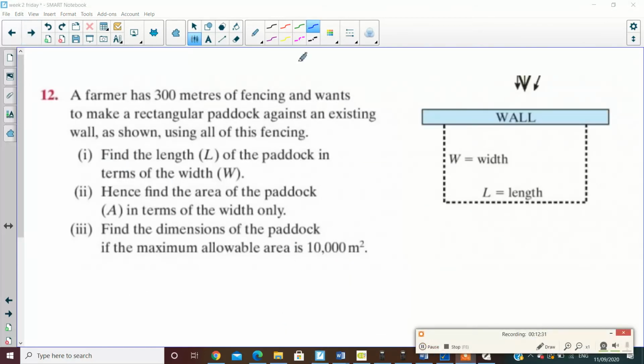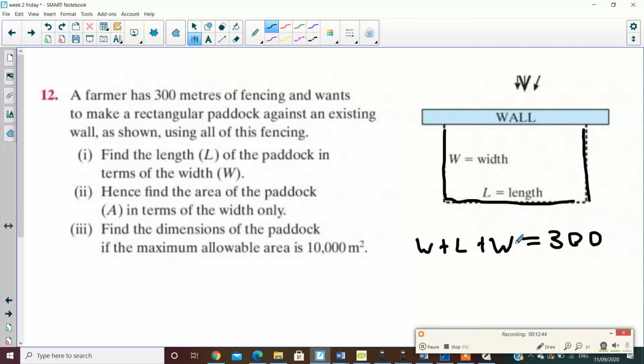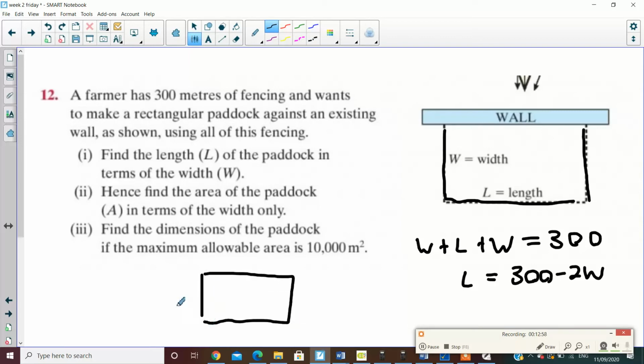You're a bit stuck starting off question 12. It's your width plus your length plus another width is 300, because you only have 3 walls to worry about. So your length on its own is 300 minus 2 times your width. So essentially you have a rectangle that's W across and 300 minus 2W length by width.